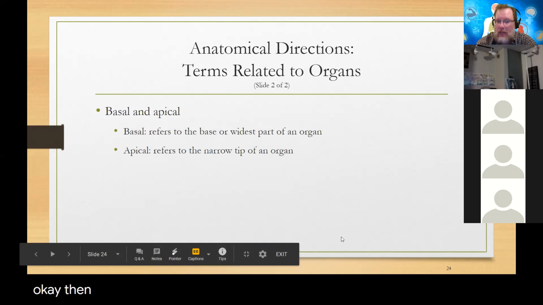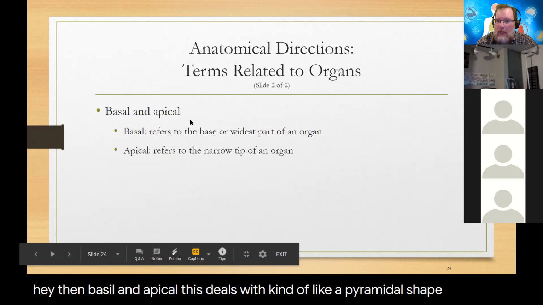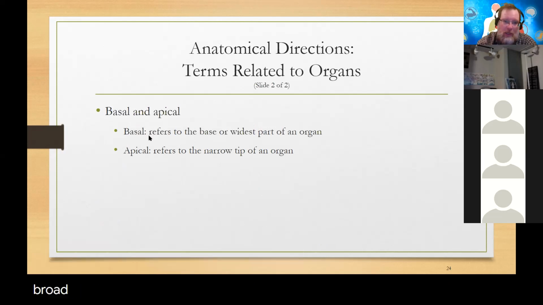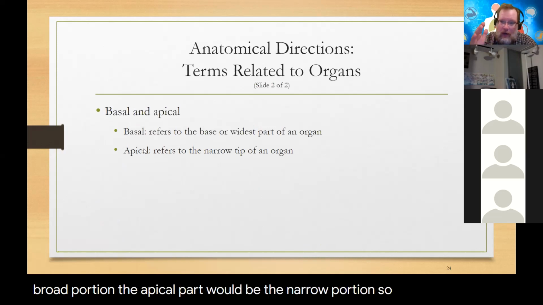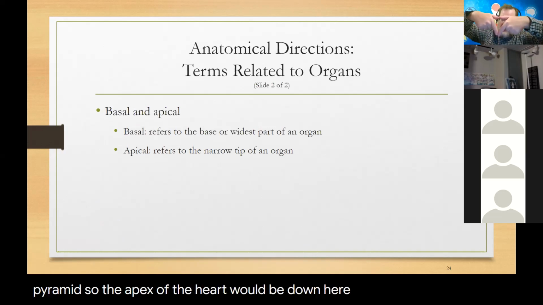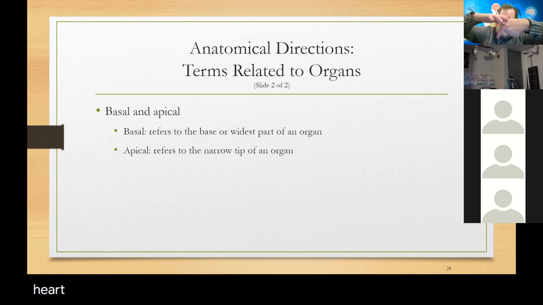Okay, then basal and apical, this deals with kind of like a pyramidal shaped organ. The basal part would be the broad portion. The apical part would be the narrow portion. So like the heart is shaped kind of like an upside down pyramid. So the apex of the heart would be down here, and then the base of the heart would be at the top.